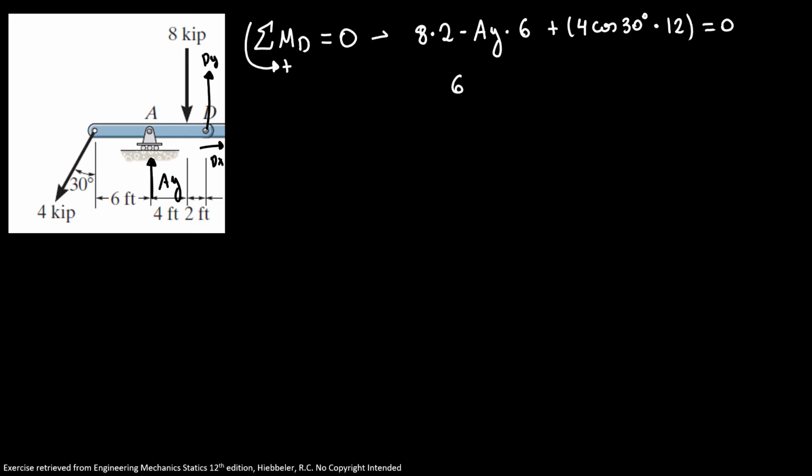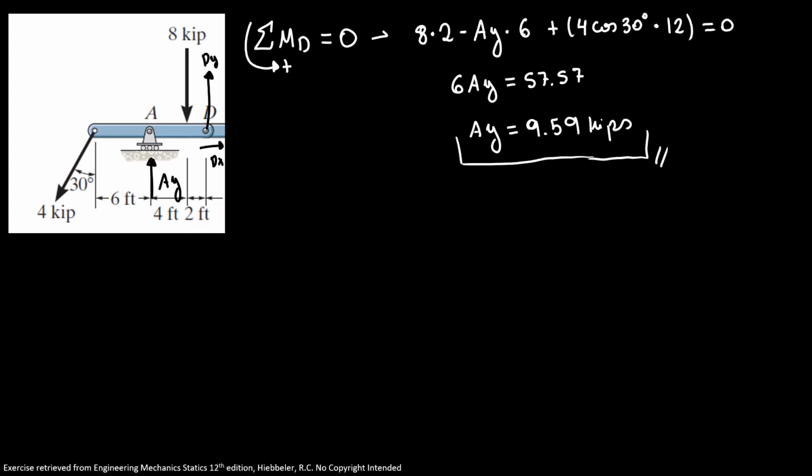So we have 6 ay is equal to 57.57. So our ay is equal to 9.59 kips. So here is our first reaction.